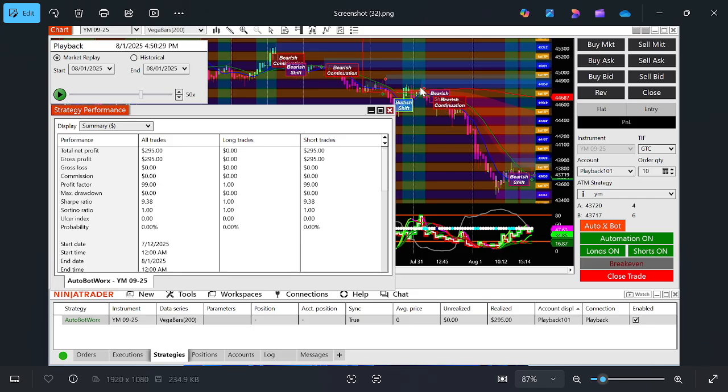Now, obviously, the one thing about this is your stop needs to go on market structure, right? So the stop on this would have had to have gone above the 200 SMA. And that happened. This bar closed way down here, below 44,600, probably closer to 44,550.